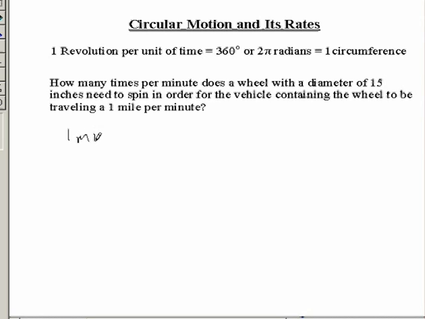of 1 mile per 1 minute, and we want to end up with revolutions in that same 1 minute.